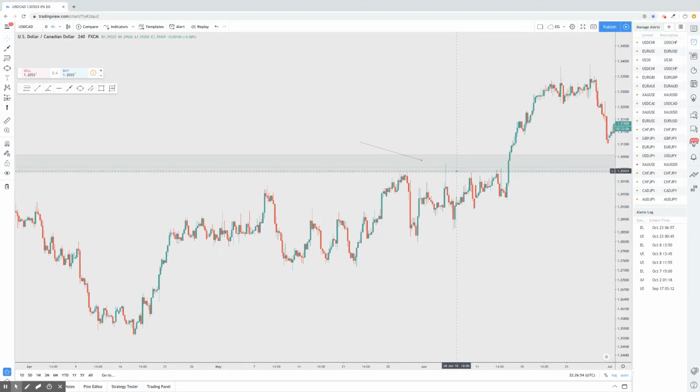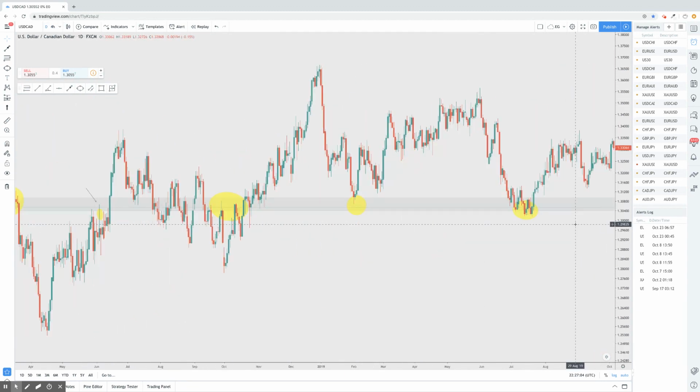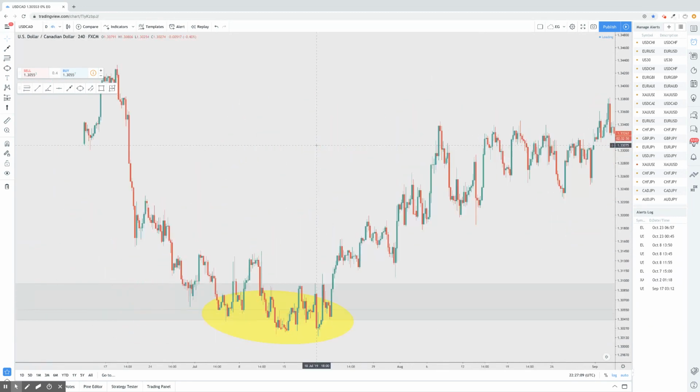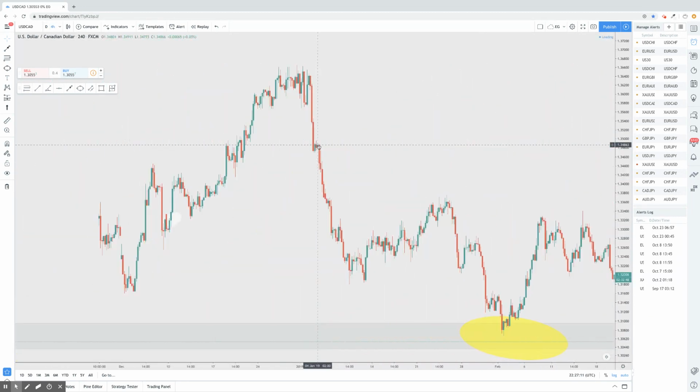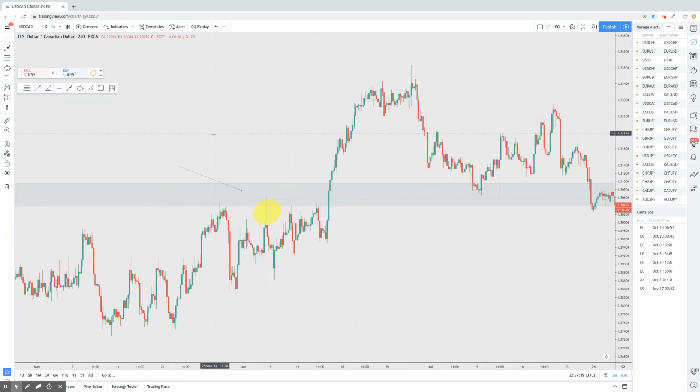Oh, it might have been this one, is it? Okay, it might actually be this area. Bear with me, let me see. Okay, perfect. So this is the area we were looking at.